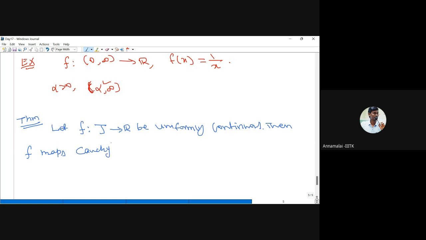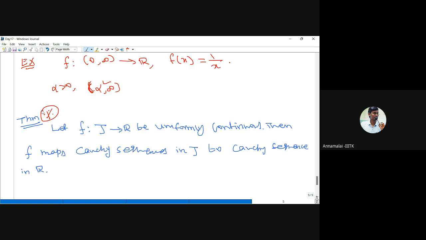Take any Cauchy sequence in J. It maps to a Cauchy sequence in R. It's a very, very important theorem. To check whether the function is uniformly continuous or not, we assume that the function is uniformly continuous, then by this theorem every Cauchy sequence maps to a Cauchy sequence.